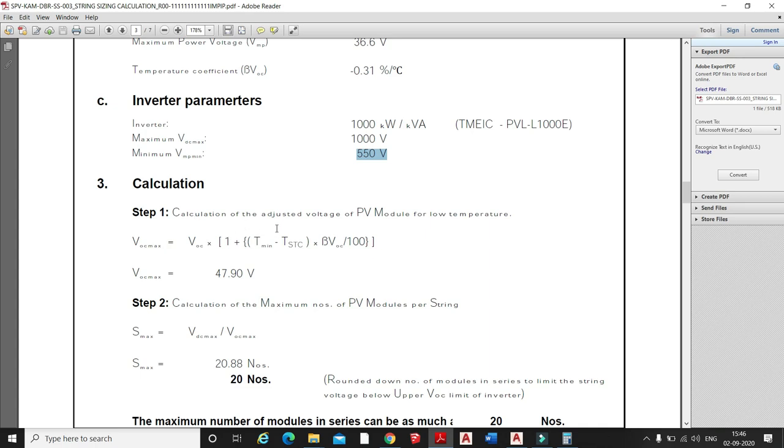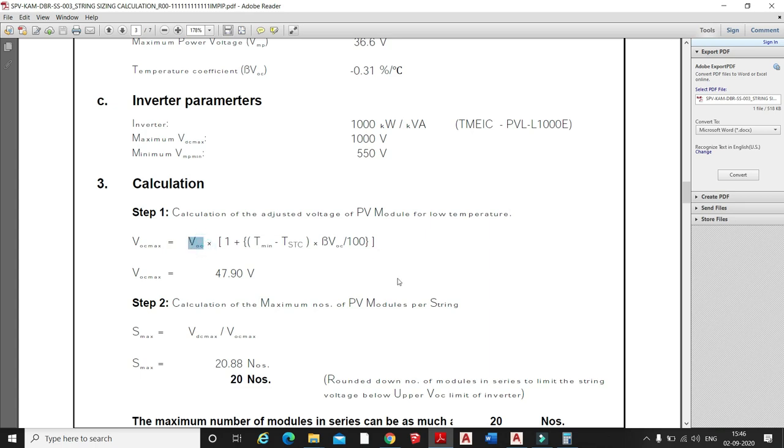First is the calculation of the adjusted voltage of the PV module for low temperature, because we know that when the temperature is down, voltage is increased. This is the formula: VOC max is equal to VOC into 1 plus T minimum minus TSTC into beta VOC divided by 100.